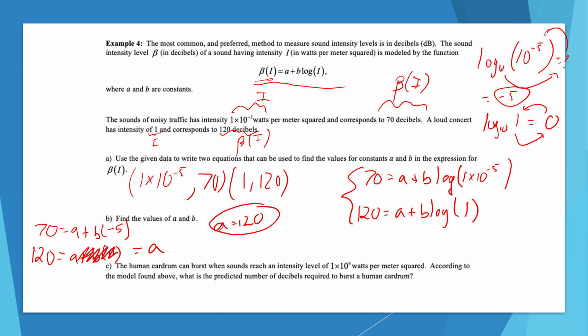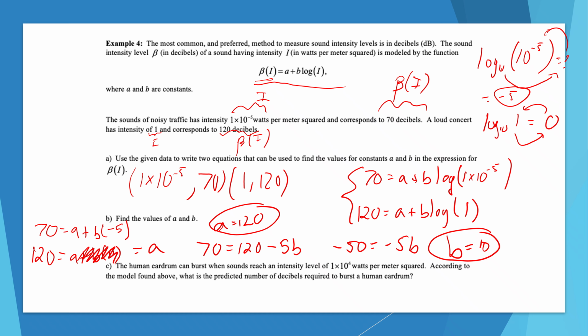Because this doesn't really exist, and so 120 is A. Plugging that in, now you have 70 equals 120 minus 5B. And so here, I'm going to subtract 120 from both sides to get negative 50 equals negative 5B, and then dividing both sides by negative 5, B equals 10. So now we have our values of A and B.